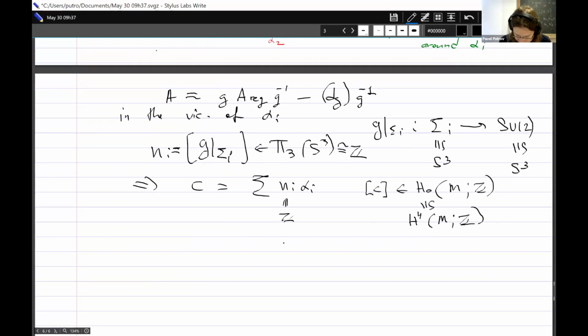If we use this isomorphism, the class which we got is what is called the second Chern class.